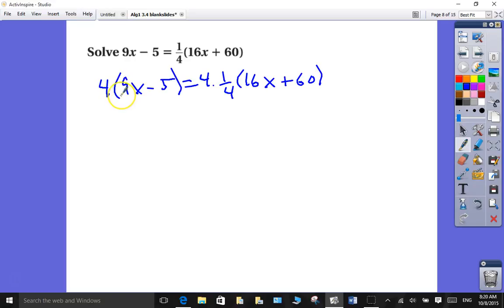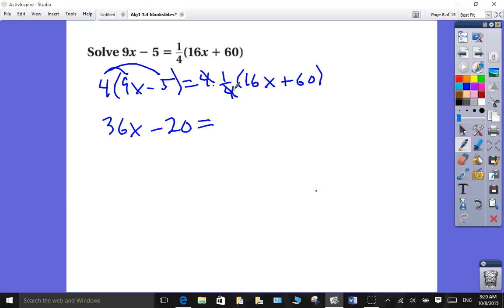Right. On the left, distribute 4 times 9x, 4 times negative 5. 36x minus 20. Okay, what's left on the right? Okay, what's left is what's in the parentheses. Right? The 4's cancel. That's why we did it.